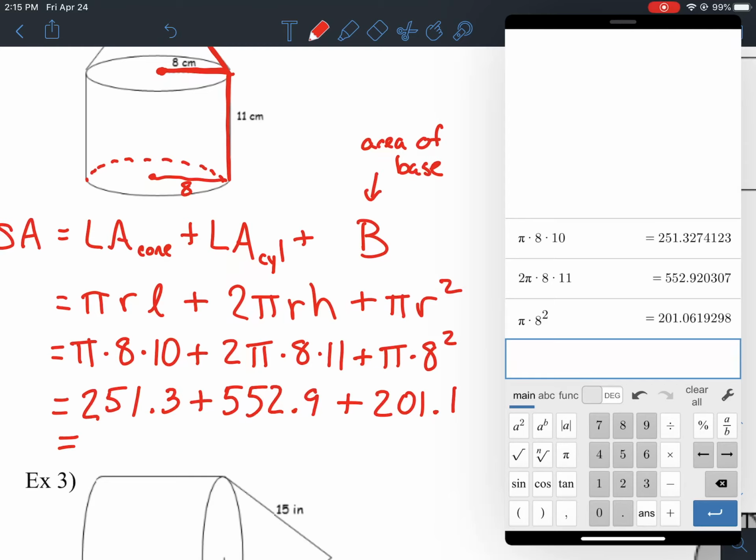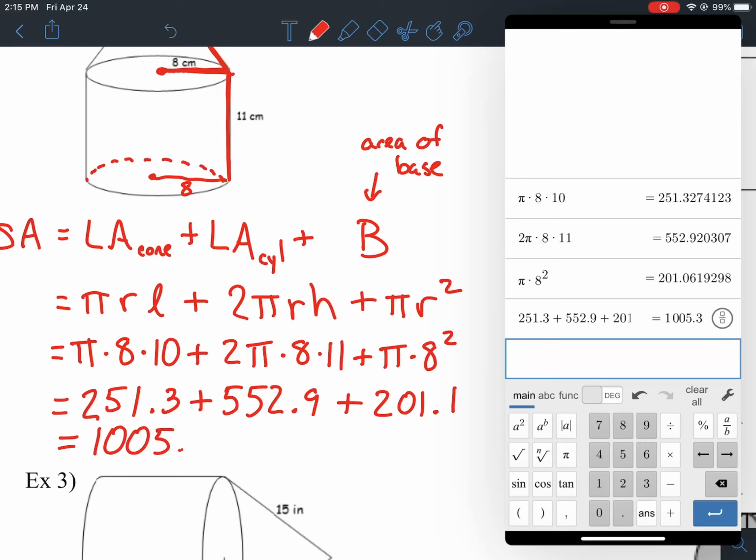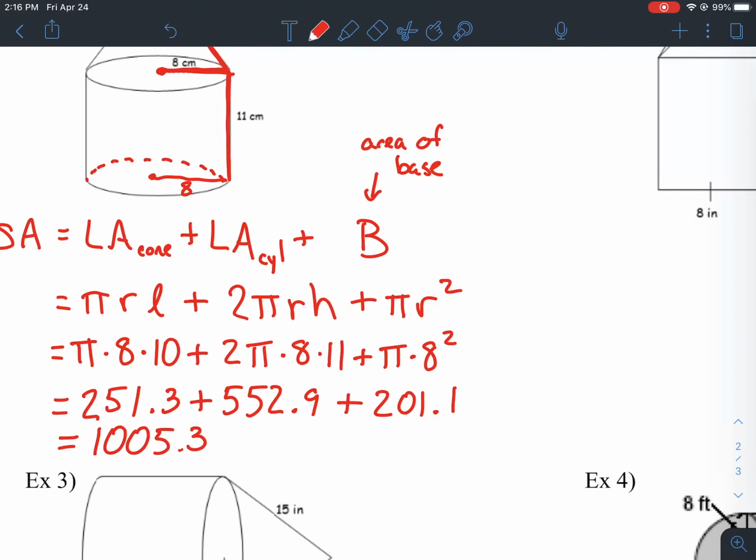And now from there, we just add those three things together. Again, if you wanted, you could have put all of that together as one calculation, but just more conservatively, splitting those up makes things a little bit more manageable. So 251.3 plus 552.9 plus 201.1, 1005.3 is our value.